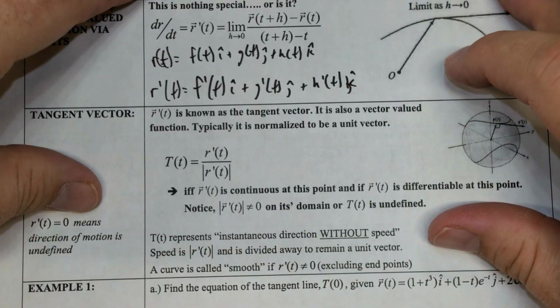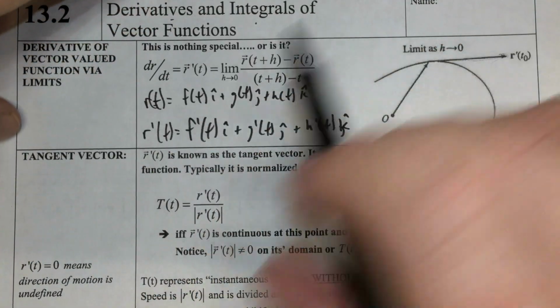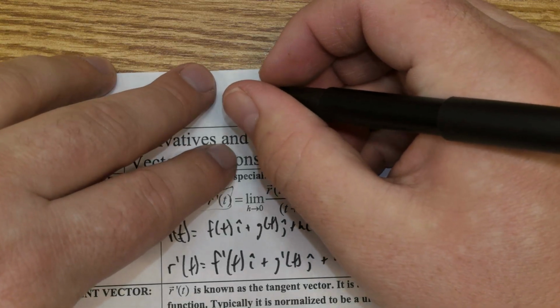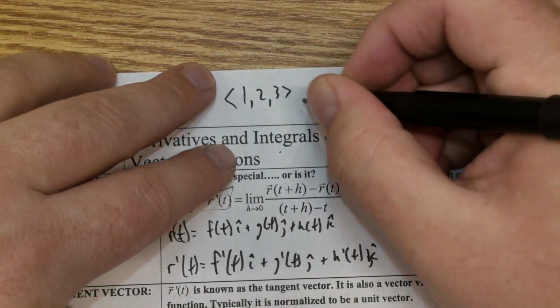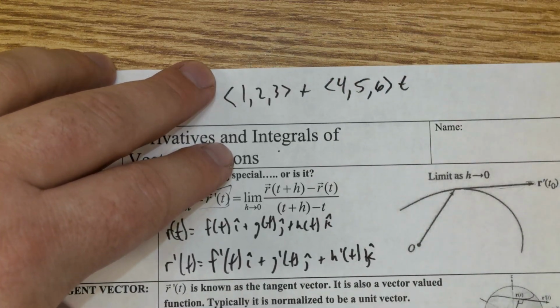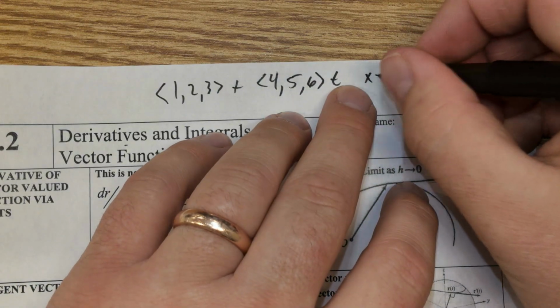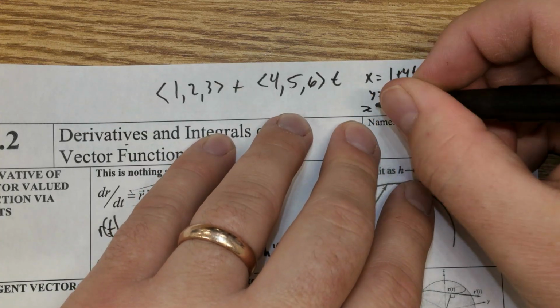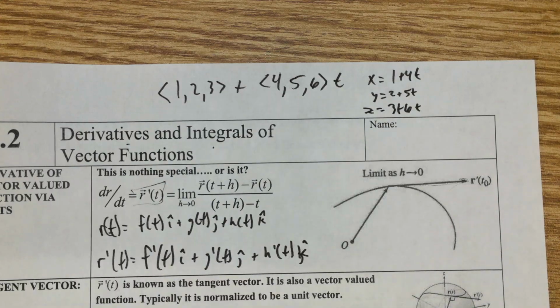As a reminder, the direction is r prime. We had some problems previously where it would have a point like 1, 2, 3, and it would have a change vector 4, 5, 6, t. And so each component, x would be 1 plus 4t, y would be 2 plus 5t, z would be 3 plus 6t, and I would say, oh, what direction is it heading?